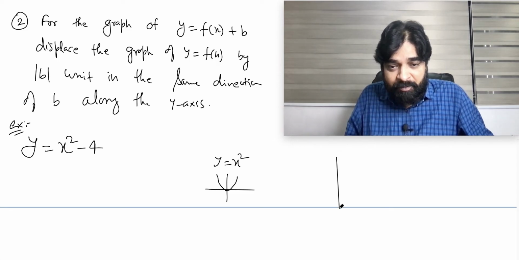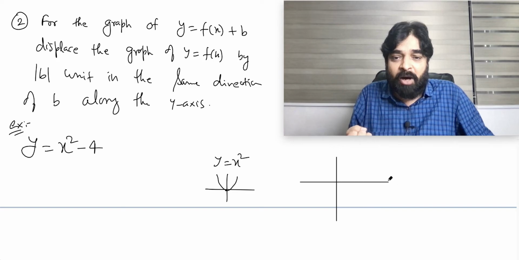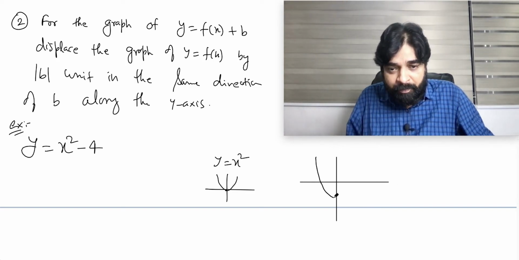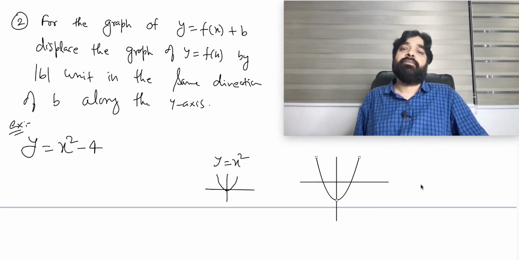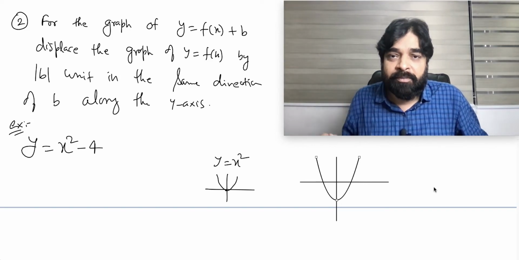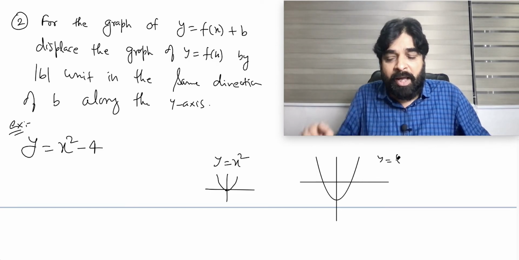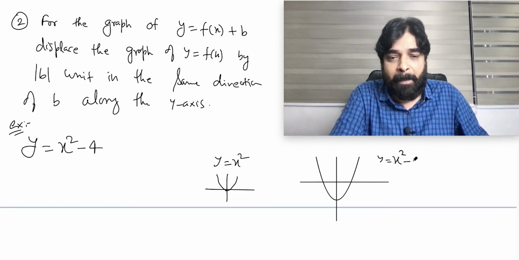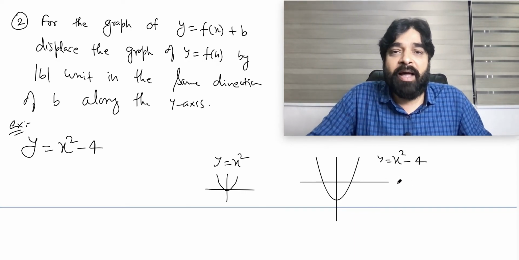So graph will be, just simply pull this down. If you pull this graph down, how it will look? Yes or no? This is the graph. Finish. Question over. This is the graph of y equal to x square minus 4.